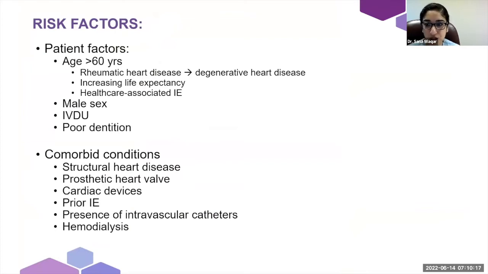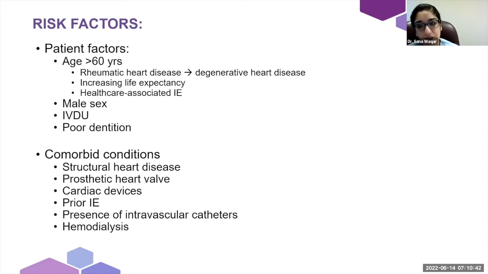So old age. In the United States, rheumatic heart disease is not as big of a problem as degenerative heart disease. As I said, patients are living longer because of healthier lifestyles and advances in the medical field. So they are more at risk to develop degenerative heart disease, which then serves as a surface for endocarditis to develop.